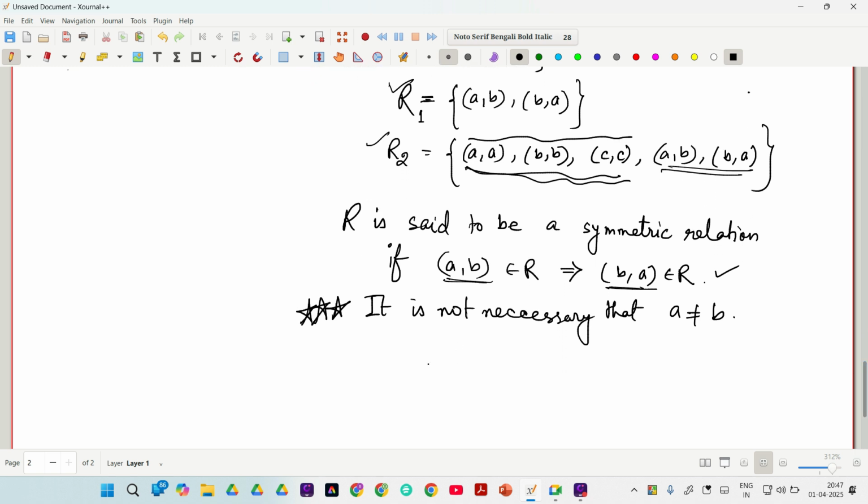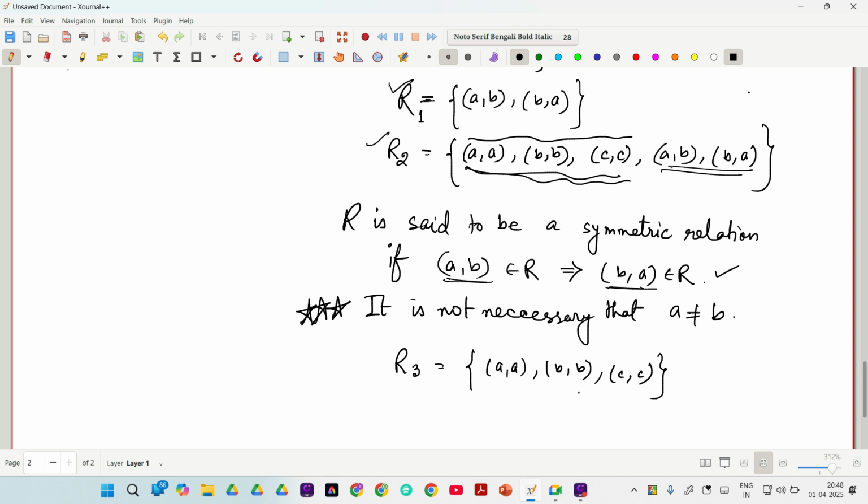So R3, is this relation a symmetric one? No. Why? Because it's not satisfying the condition needed to be a symmetric relation.